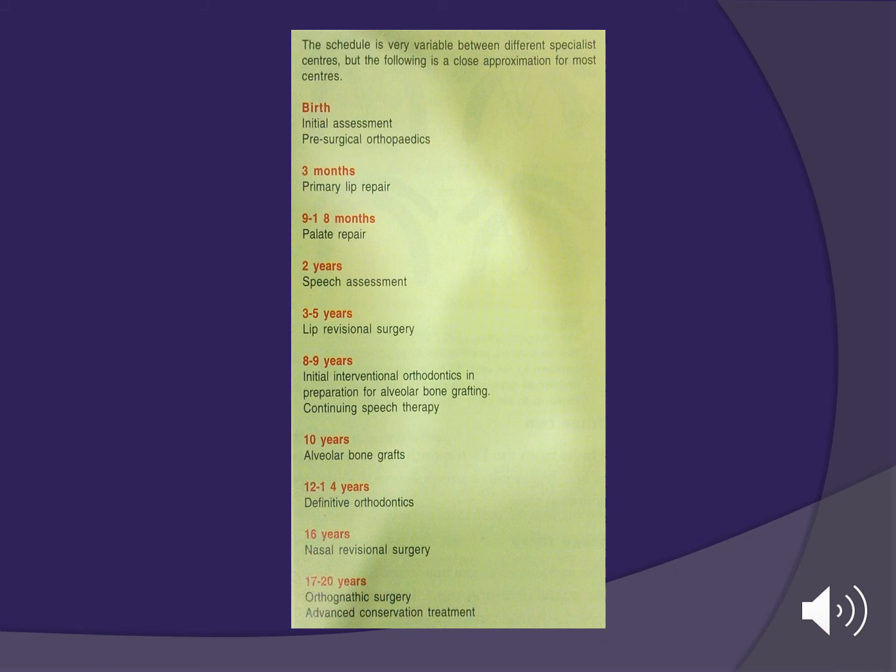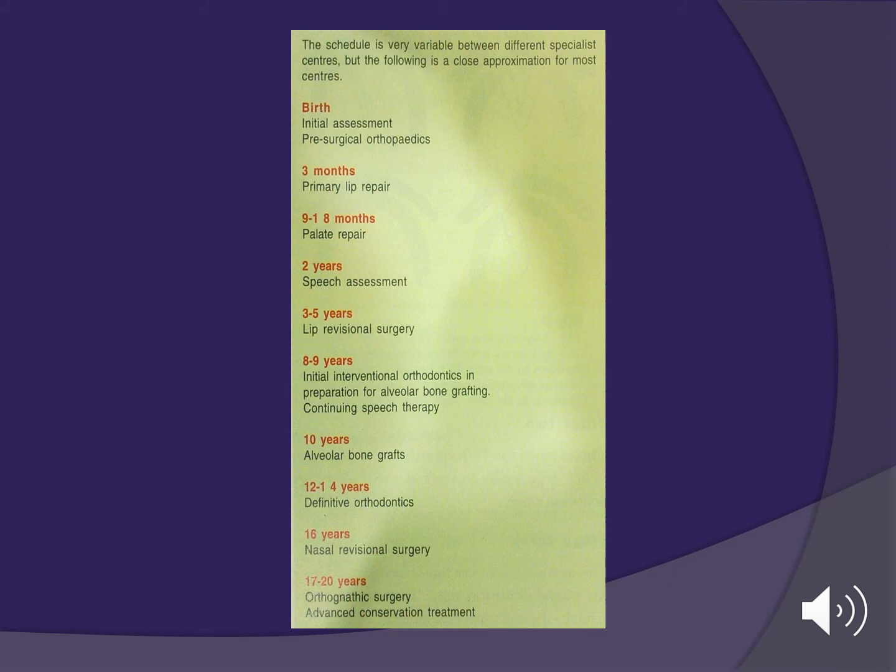And then around 2 years of age, the hospital will do speech assessment for the cleft baby. And then around 3 to 5 years of age, the cleft patient will undergo lip revisional surgery. Around 8 to 9 years of age, we will have initial interventional orthodontics in preparation for alveolar bone grafting, and also there will be continuing speech therapy for the cleft patient.